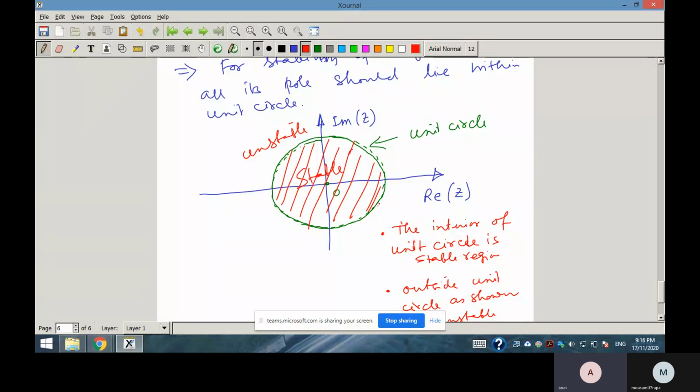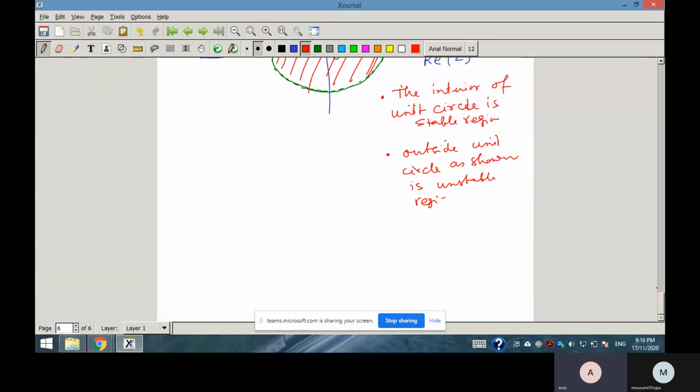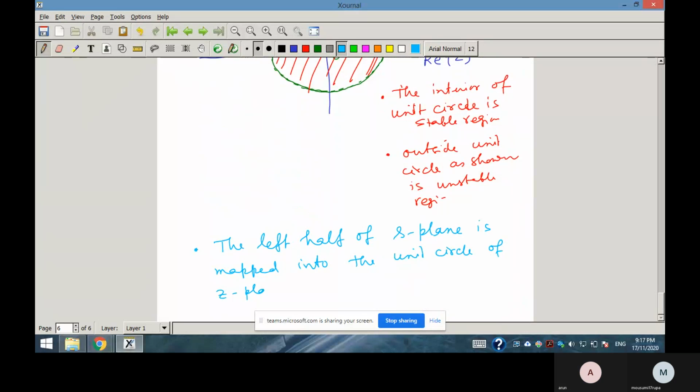So these are important points. The first point is that the left half of S plane is mapped into the unit circle of Z plane as shown here.